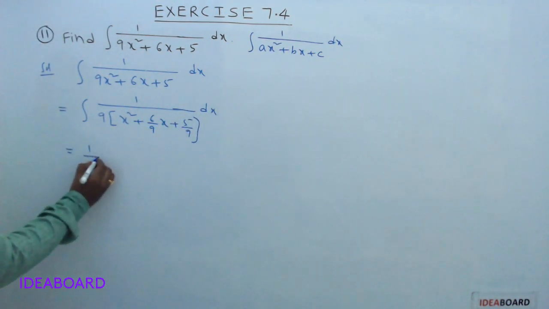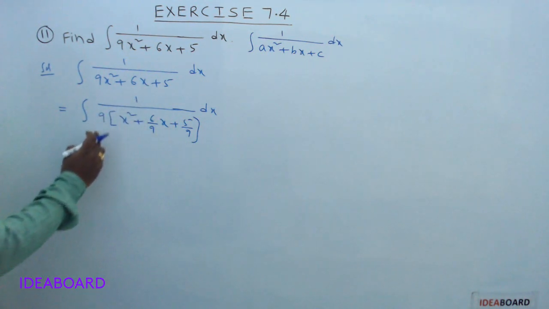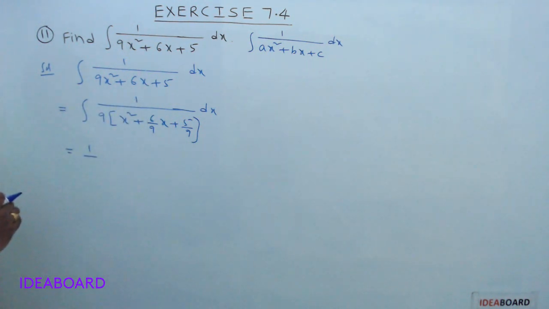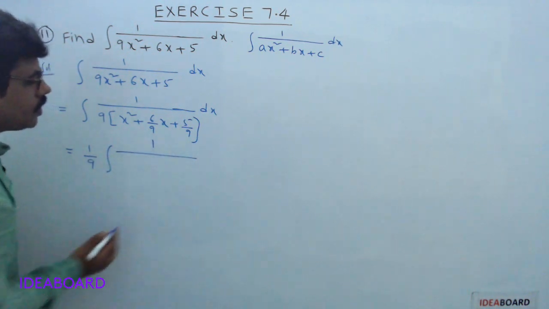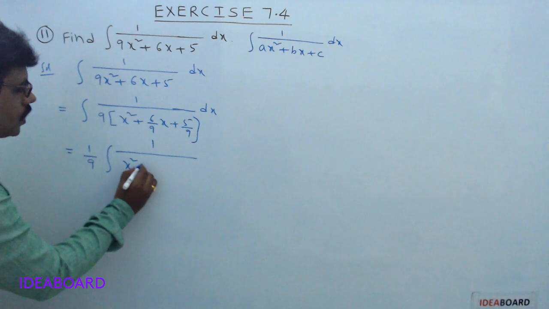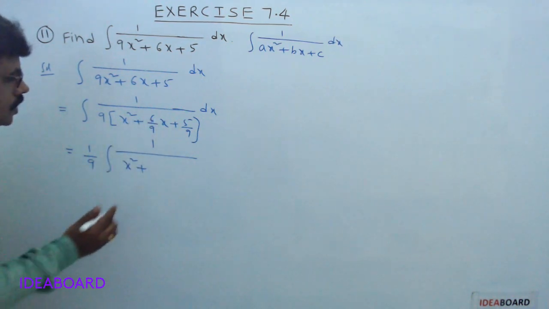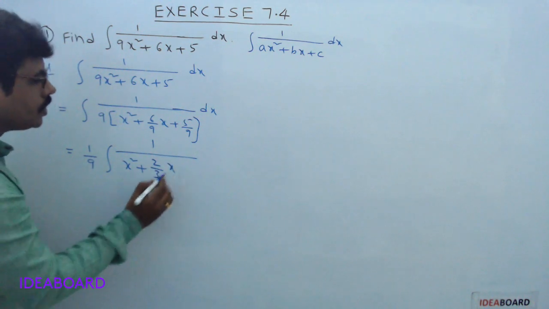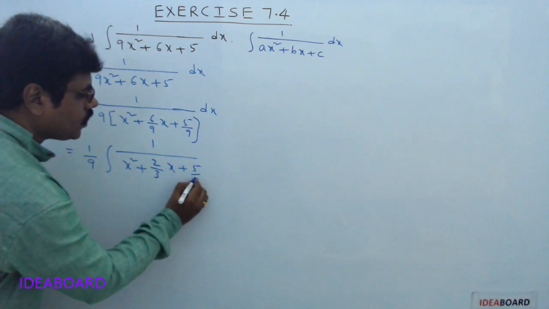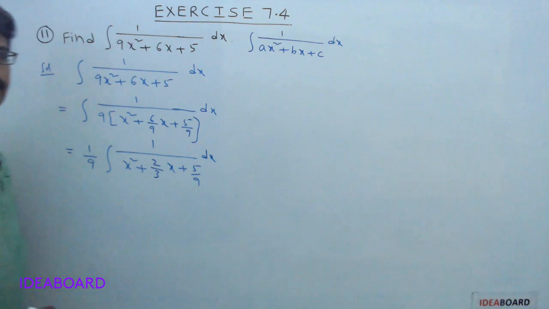Now this is equal to, here 1 by 9 is the constant term. You can write it outside of integral. 1 by 9 into integral 1 divided by x square plus, now see the cancellation, 3 into 2, 3 into 3, 2 by 3 into x plus 5 by 9 dx.